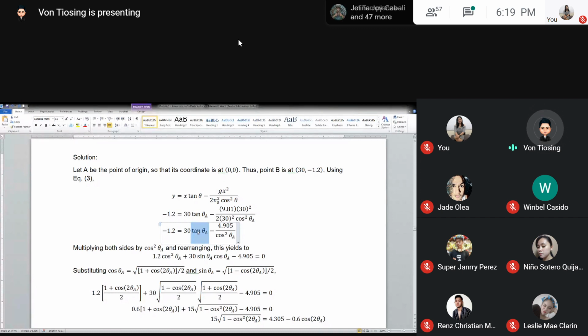So, magka-cancel yung isang cosine. So, magiging sine theta A cosine of theta A. Okay, so ang mahirap dito, how will you express all variables or all these angles in terms of just one trigonometric function?